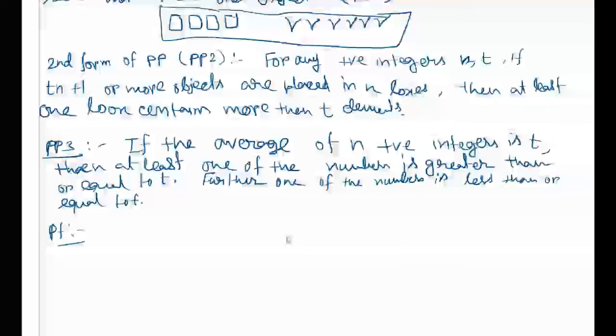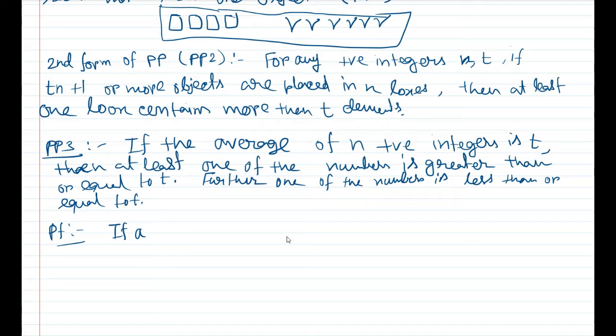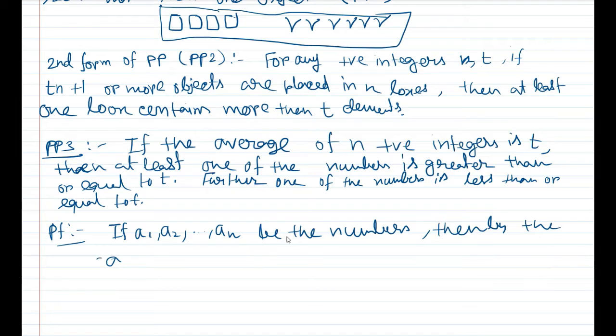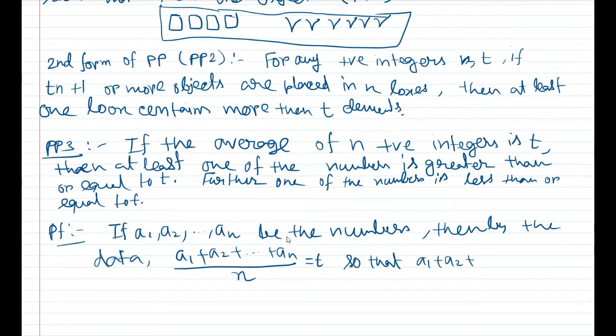Proof: if A1, A2, ..., An are the numbers, then by the data, the average of n numbers, which is (A1 plus A2 plus ... plus An) divided by n, is equal to t, so that A1 plus A2 plus ... plus An is equal to tn.